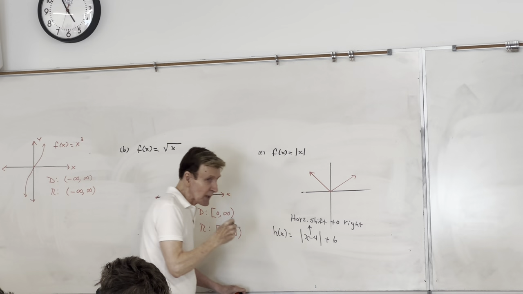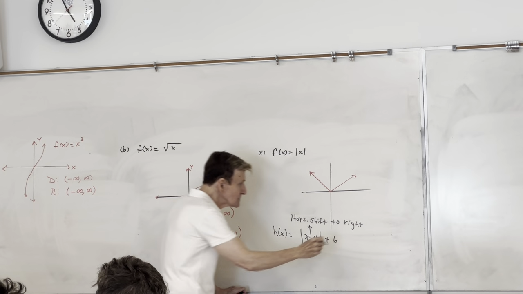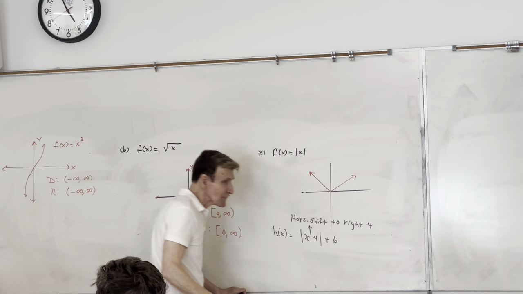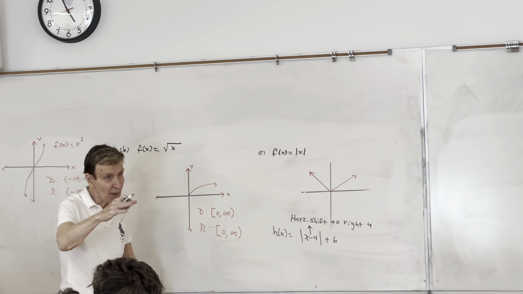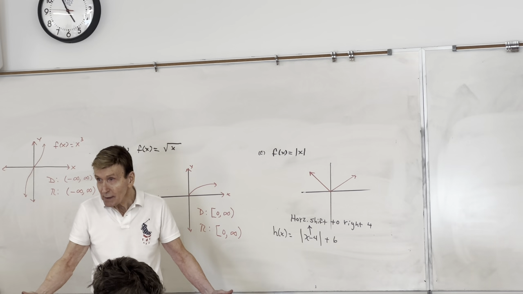Nikki, how many units do you think it's going to go? To the right, 4 units. She's exactly right. Now, I haven't discussed this yet. We're going to hand you out for that also tomorrow.